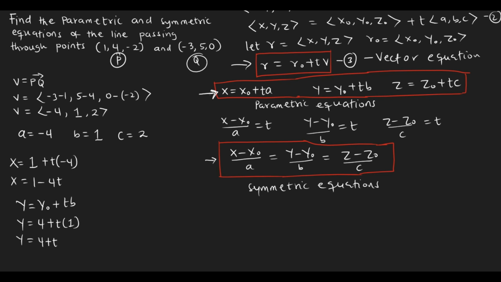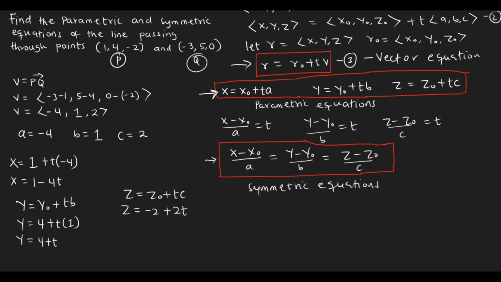For the third one, z is equal to z naught plus tc. We know c to be 2 and z naught to be -2. So z will be equal to -2 plus t multiplying 2, that is 2t. So this will be the third parametric equation.